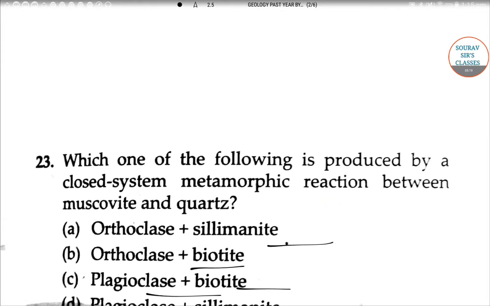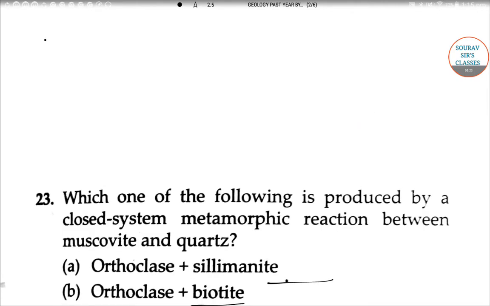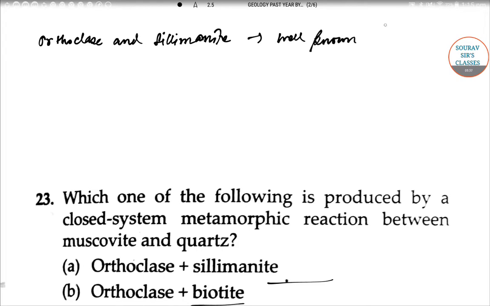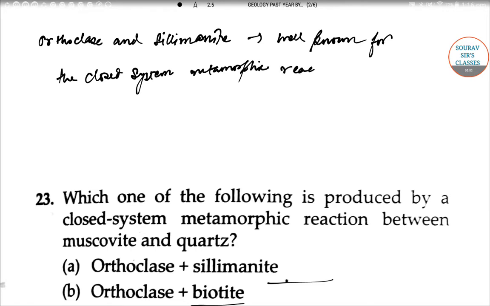So, a closed system metamorphic reaction between muscovite and quartz produces orthoclase and sillimanite. These are well known products of this reaction.